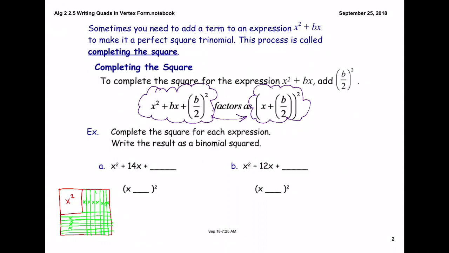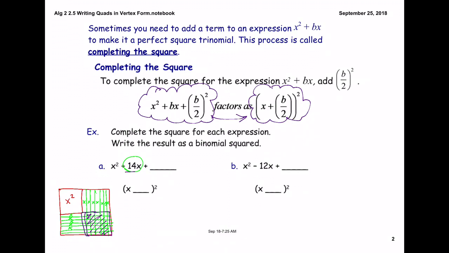These are all x tiles, so that 7 and 7 equals our 14. How many unit tiles would we need to complete the square? So we are looking for all these unit tiles in this bottom right hand corner.